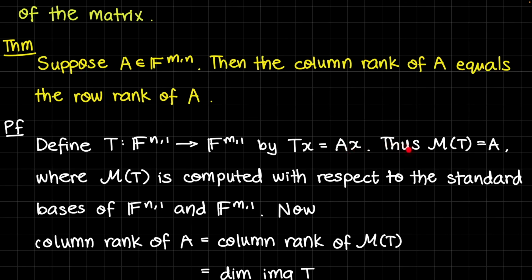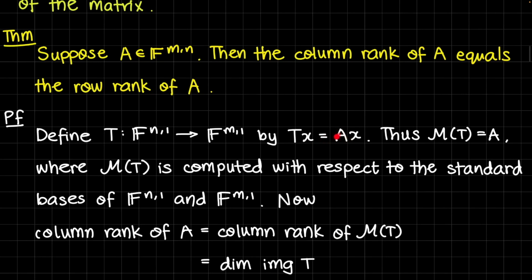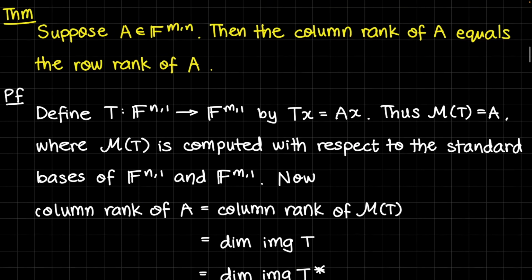And of course, that means that the matrix of T is A, where the matrix of T is computed with respect to the standard bases of F^n1 and F^m1. This is a fairly reasonable assumption. So what that means is T is just represented by this matrix, which is called A, in the standard basis.